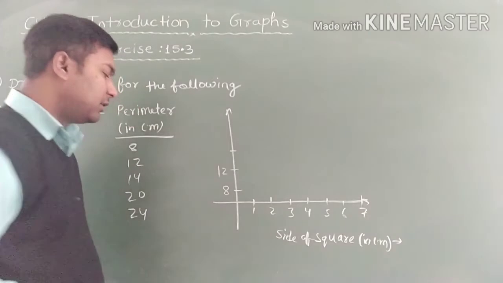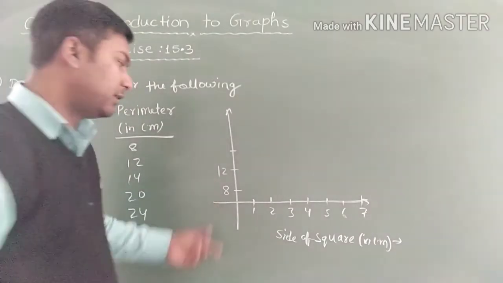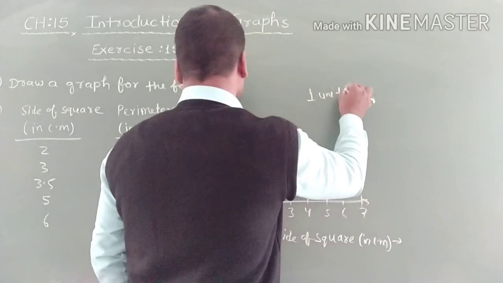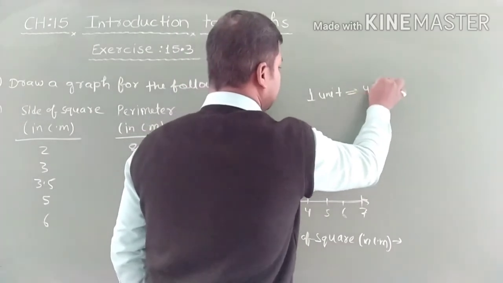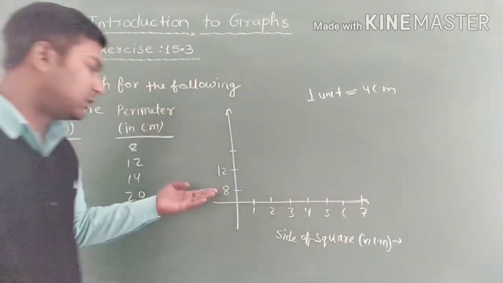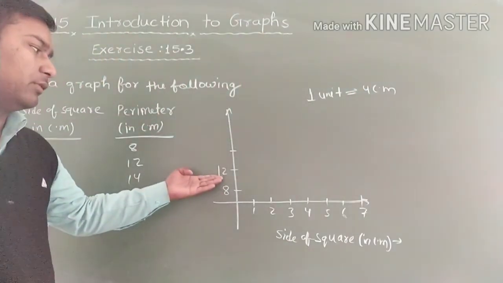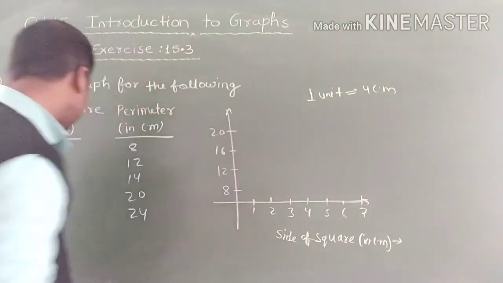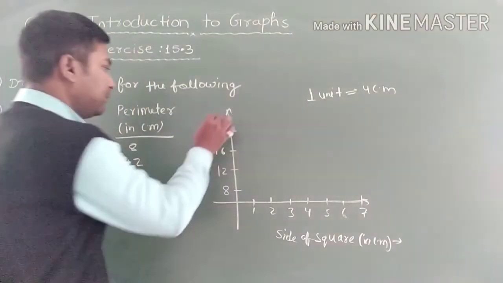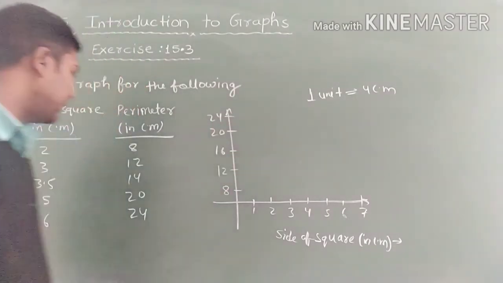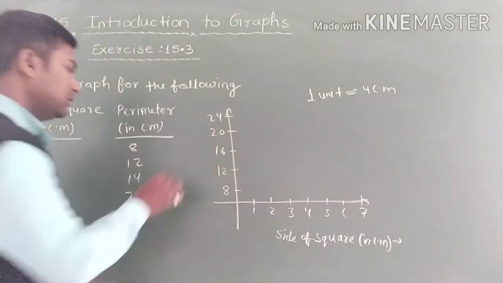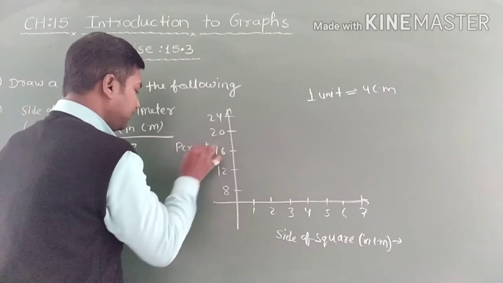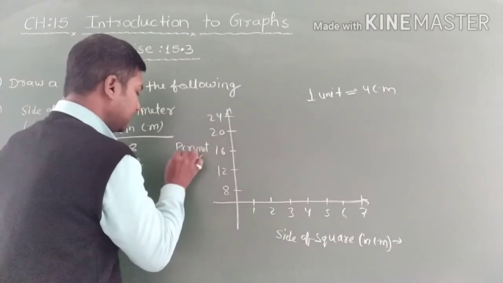I am taking 4 unit. Okay. 1 unit equals to 4 centimeter. Okay, so starting from 8, so 8 plus 4 that is 12, 12 plus 4 that is 16, 16 plus 4 that is 20, and 20 plus 4 that is 24. Okay, and this is perimeter in centimeter.